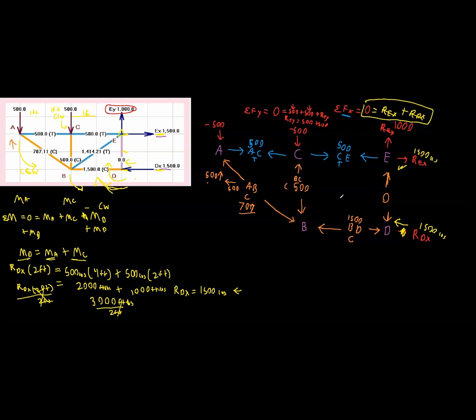Before I solve for BE next, because that's really all we have left, let's look at how we know the direction it's going, whether it's compression or tension. Like I said, I don't like to assume that it's all tension and solve for it that way. I like to just look at my free body diagram before I learn my numbers, and it's kind of obvious.